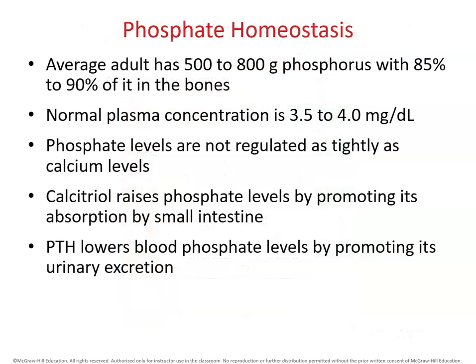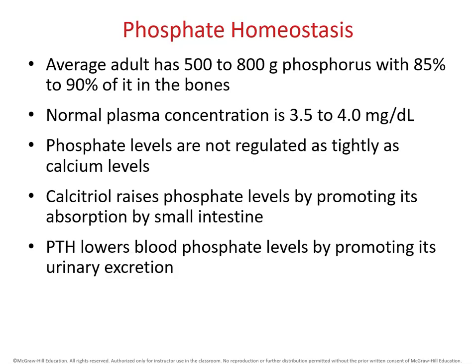So this whole time we've been talking about calcium homeostasis. We also need to be concerned with phosphate homeostasis. Phosphate is very important in our bodies. We have between 500 and 800 grams of phosphorus in our bodies at any given time, and most of that is in our bones. We have some of it circulating in the blood plasma.